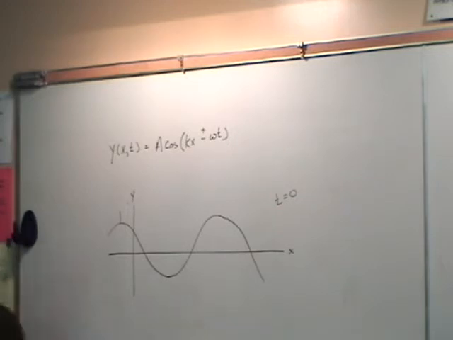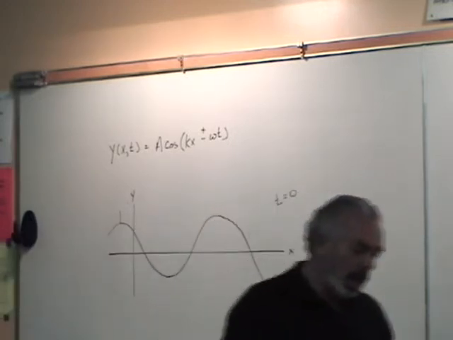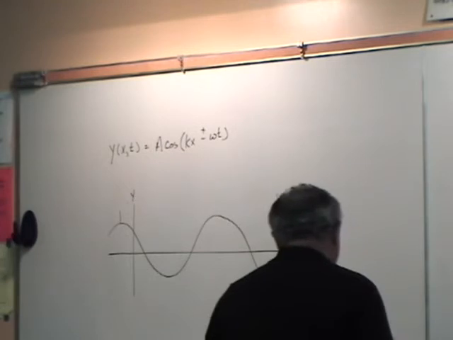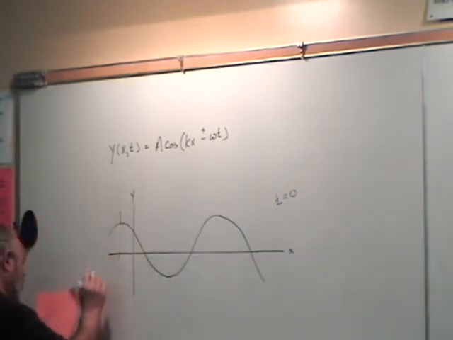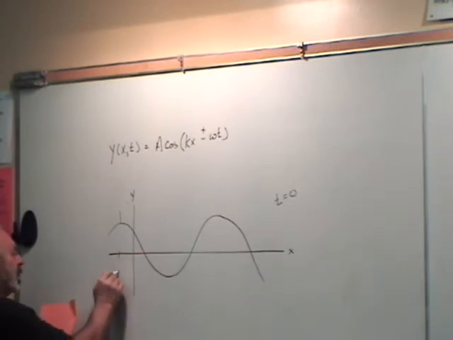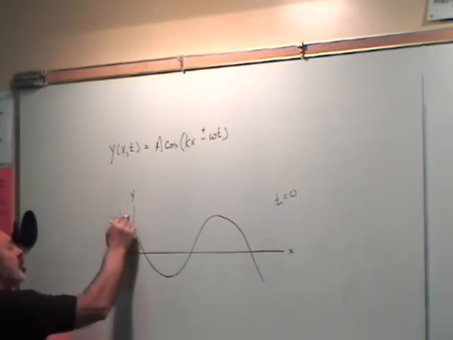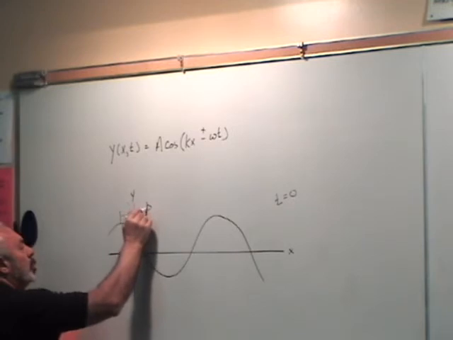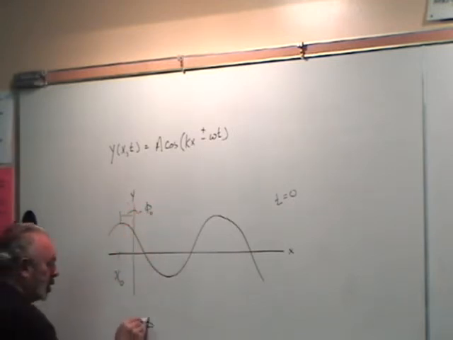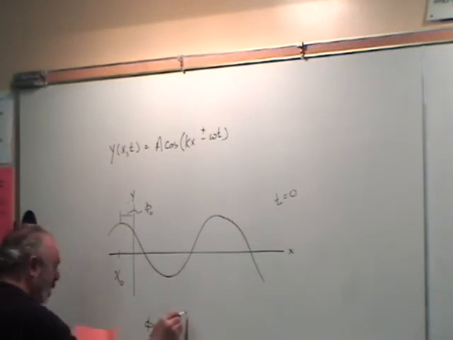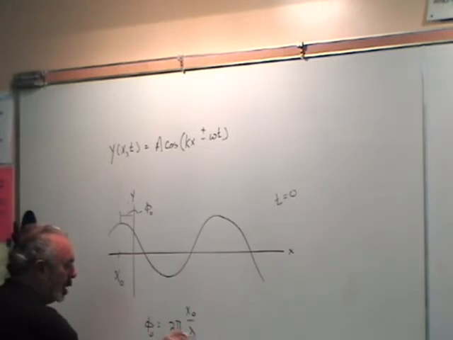If we're not lined up, all we really have to do is move this thing forward. I have chosen this to be a position, our author calls it x naught. So this corresponding angle would be phi naught. And phi naught, of course, is going to be 2 pi times x naught over lambda.